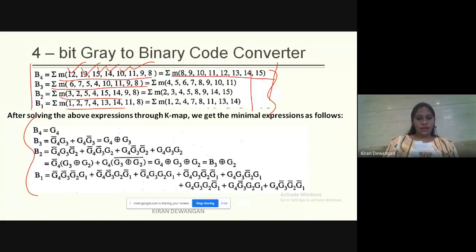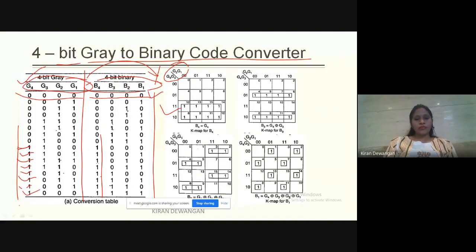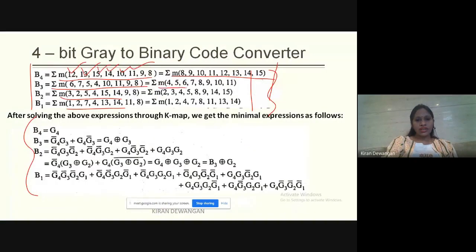Clear? Now we'll obtain through the K-map what the expression would be. Since here we have got B4, it is 8, 9, 10, 11, 12, 13, 14, 15. So it will be B4 equals G4. Similarly, we have B3.